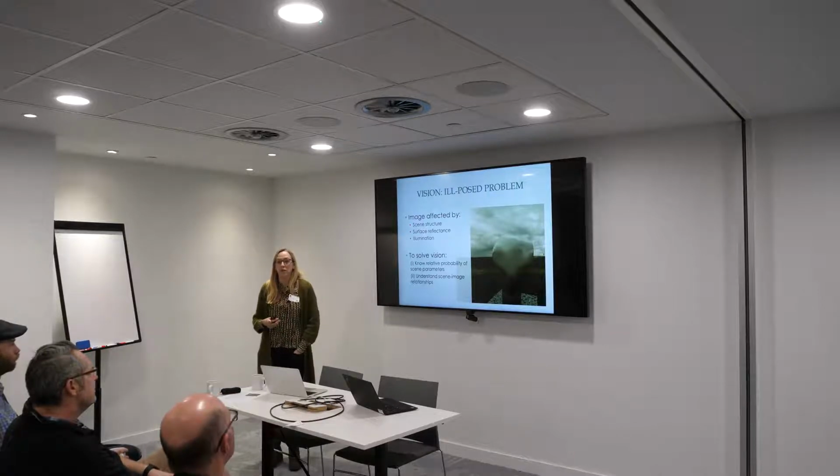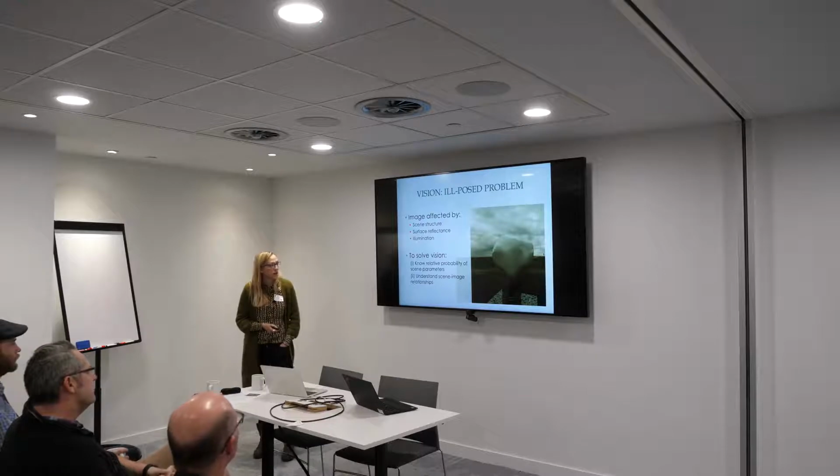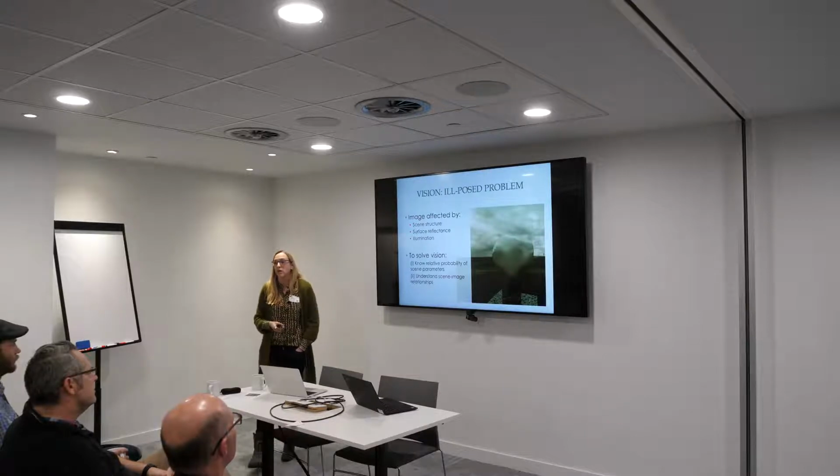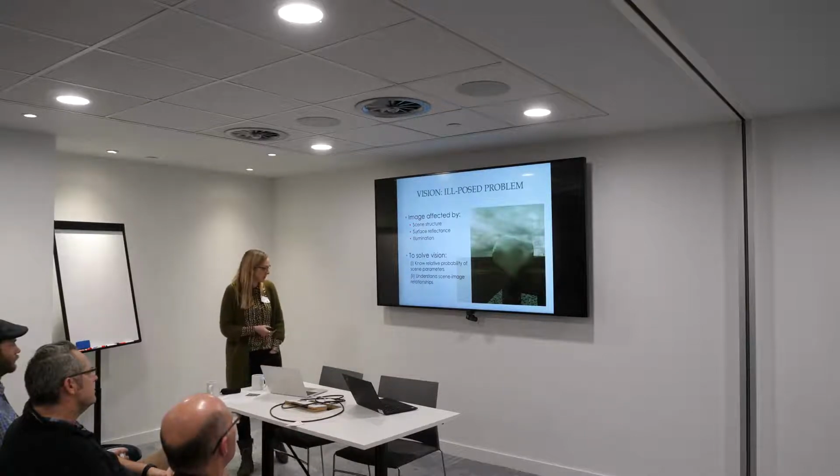So to solve vision, to estimate all of those scene values, we really want to have some knowledge of what the relative probabilities of different scene values are, so how probable are different surface shapes and so on, and to understand how those scene properties map onto image cues.